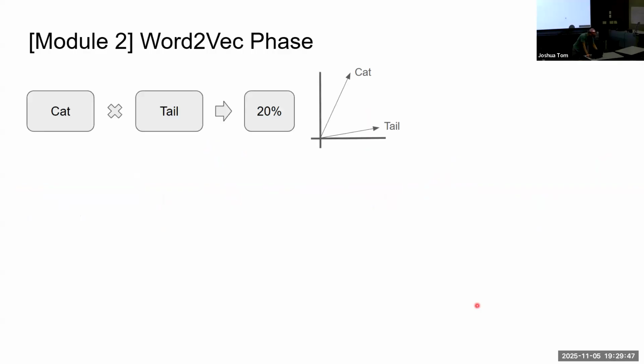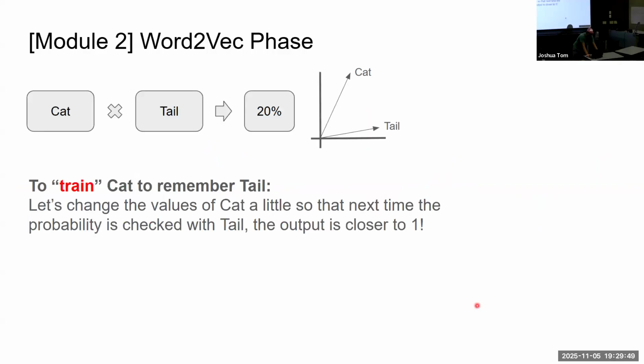And interestingly, if we want to make cat remember tail a little more, bring the association closer, all we have to do is nudge them together. So let's make cat and tail more similar, so next time that cat is put down, there's a higher chance that tail is generated.